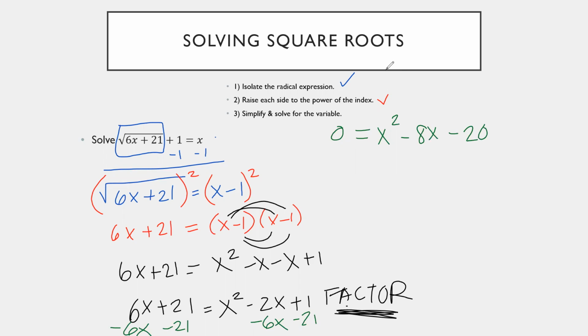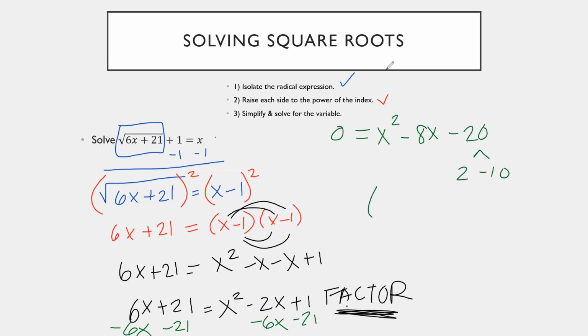And so I don't know if you guys remember factoring, dude. We have to figure out what multiplies to the last term, what multiplies to negative 20, but adds up to negative 8? And that's going to be 2 times negative 10.